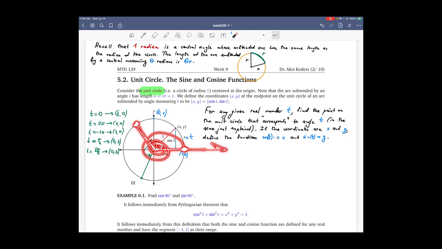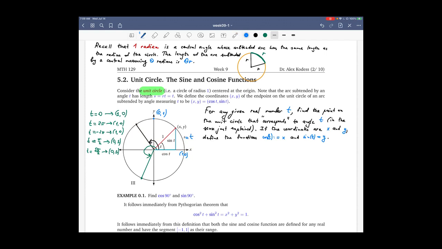That point will have some coordinates. The x-coordinate of that point is defined to be the cosine function at t. The y-coordinate of that point is defined to be the sine function evaluated at t.